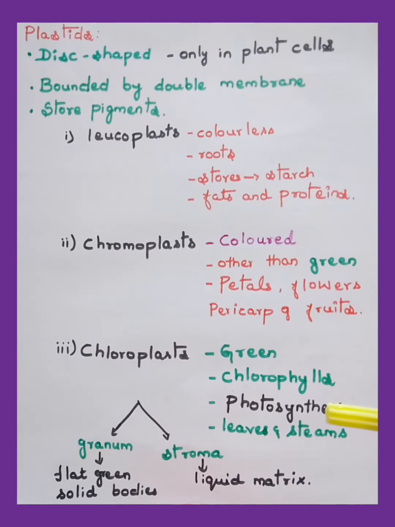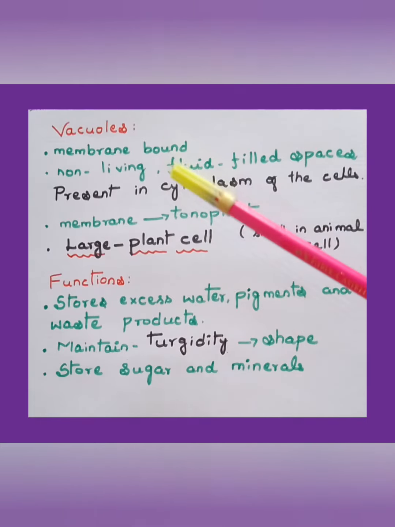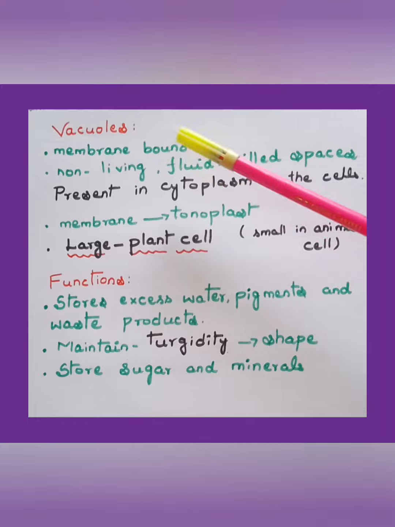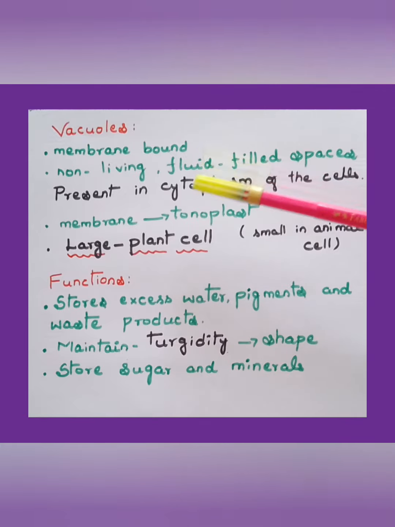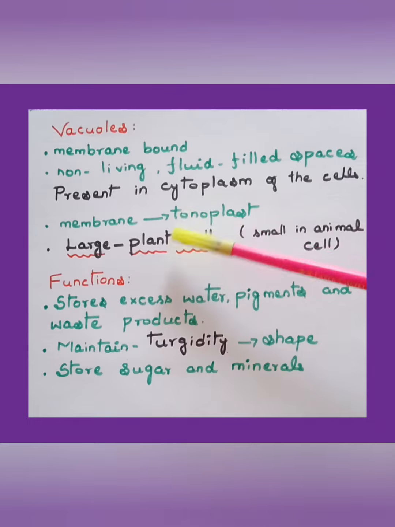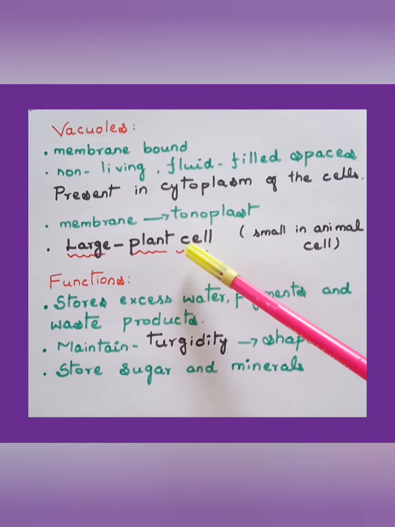Okay. We shall now move to another important cell organelle, that is vacuoles. Vacuoles are membrane bound, means they are surrounded by a membrane, and they are non-living fluid filled spaces present in the cytoplasm of the cell.